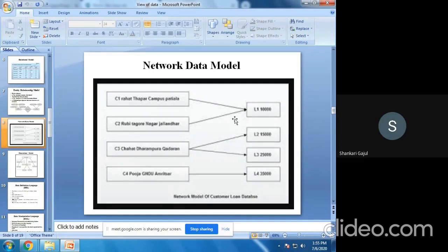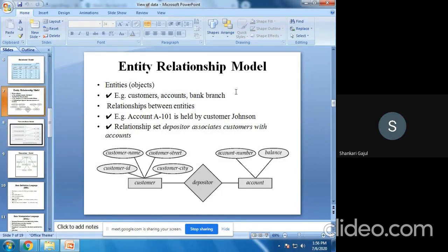In the figure, I want to make the relationship between this customer database and the loan database. Suppose I want to make the relationship between C1 and C2 with the L1 loan. So I just point one arrow to the L1 loan. This is the difference from the entity relationship model.